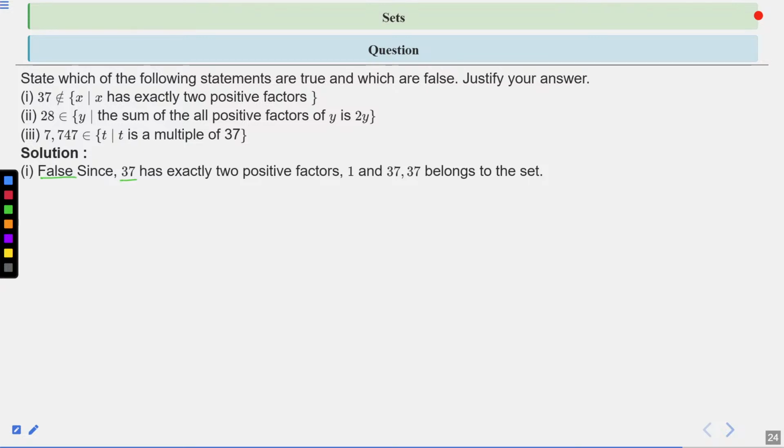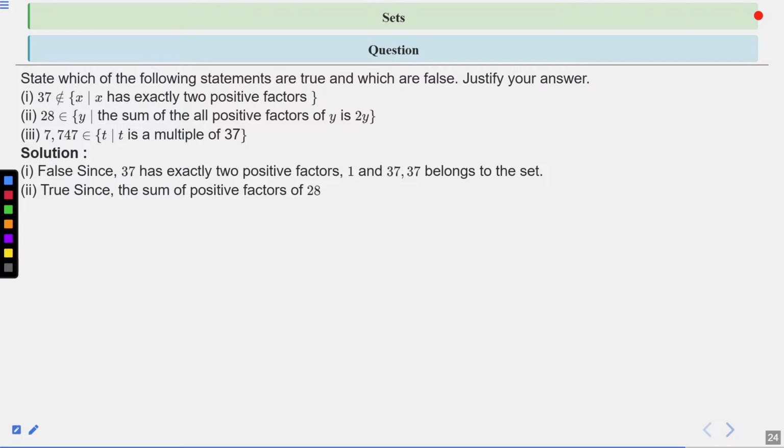Because 37 has exactly two positive factors, 1 and 37 itself, meaning it satisfies the condition described above. So 37 indeed belongs to the set defined here, but the statement says it does not belong to it. So this is false.